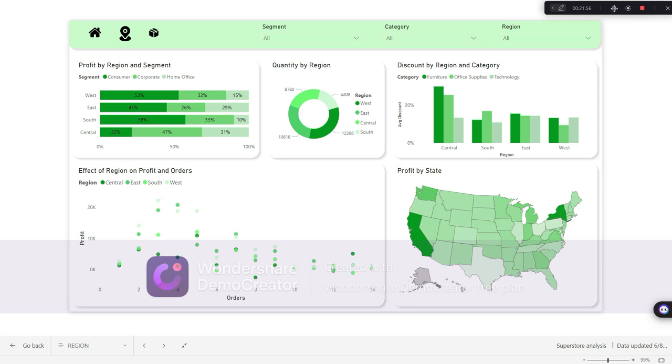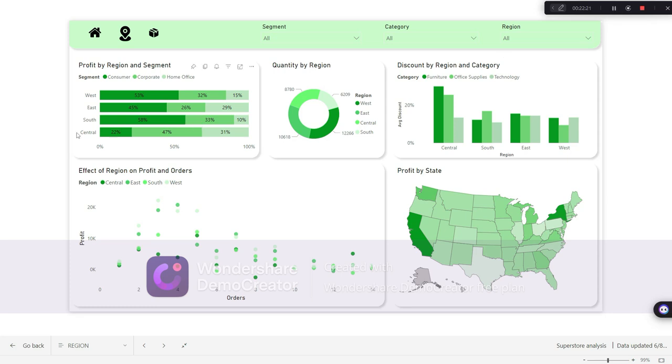Next chart, quantity by region. We sold most of the quantity to the West region for all category and segment, that is about 12,266, and the lowest quantity sold is in South region, about 6,209.